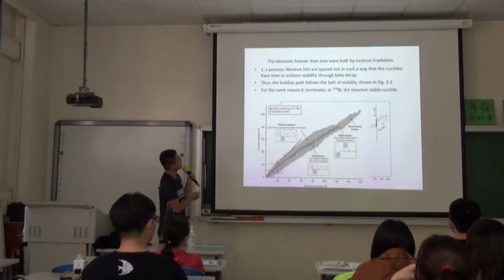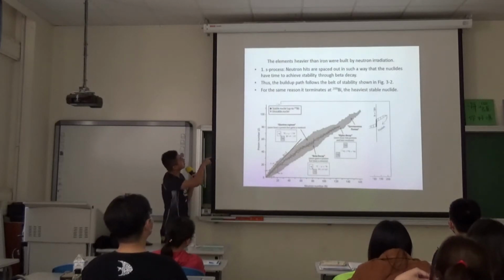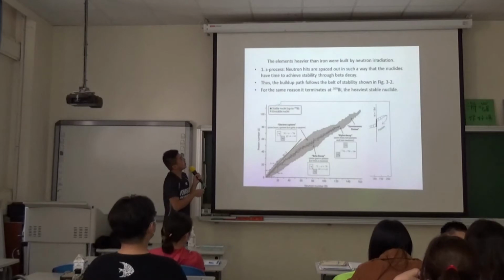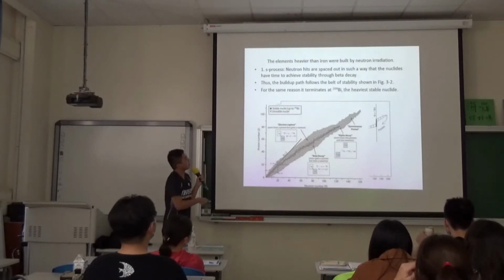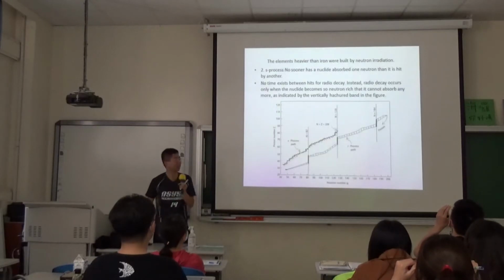And for the same reason, it terminates at bismuth 209, the heaviest stable nucleus, at the top of that stable line.